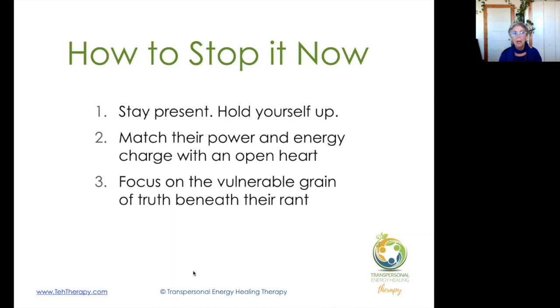I need to be able to match their power and energy charge, but with an open heart, because that's what they did not get. They didn't get the power to be met with an open, caring, loving heart. And again, these are skills that we teach in the certification program. But you can begin already to experiment and explore with, how do I do that? How can I do that?